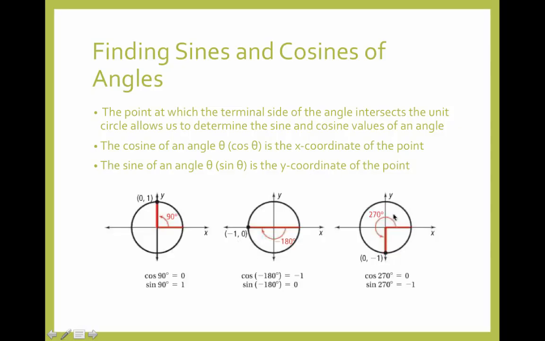And then our third one is showing a positive 270 degrees, and a positive 270 intersects the unit circle at (0, -1). So the cosine of 270 is going to be 0, because that's my x-coordinate. And the sine of 270 degrees is -1, because that is the y-coordinate.